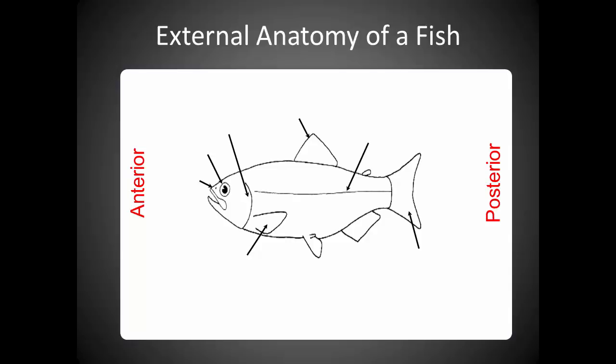And then we have a word for the back side and the belly side. The back side is called the dorsal side of an animal. And the belly side is called the ventral side. And this applies to basically all animals. When we do our frog dissection, for example, I may say, flip the frog over so the ventral side is up.